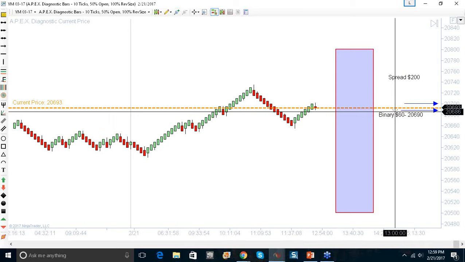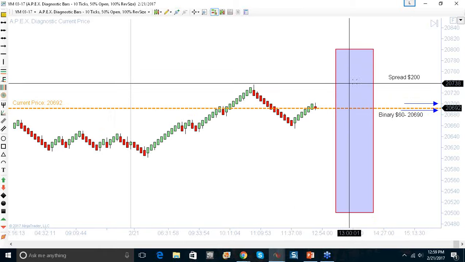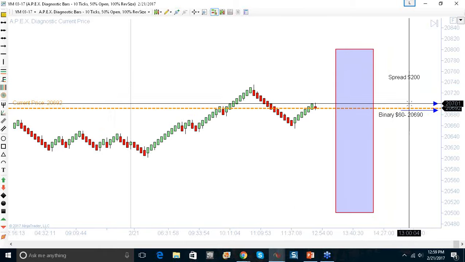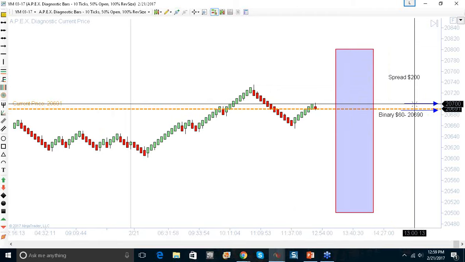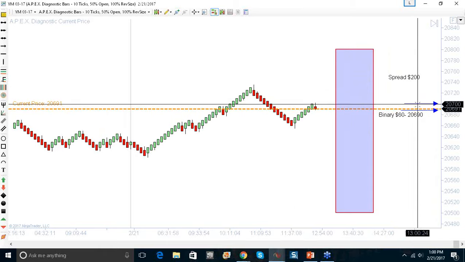Everybody got that, right? On this spread that we bought at 20,700, if the market goes down to 689 and then it expires, how much did we lose at expiration?